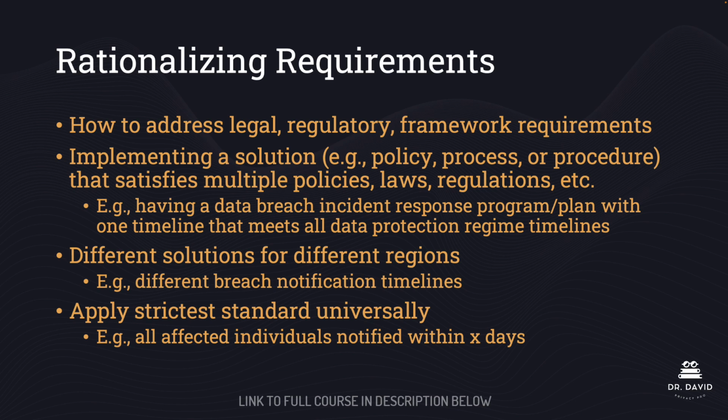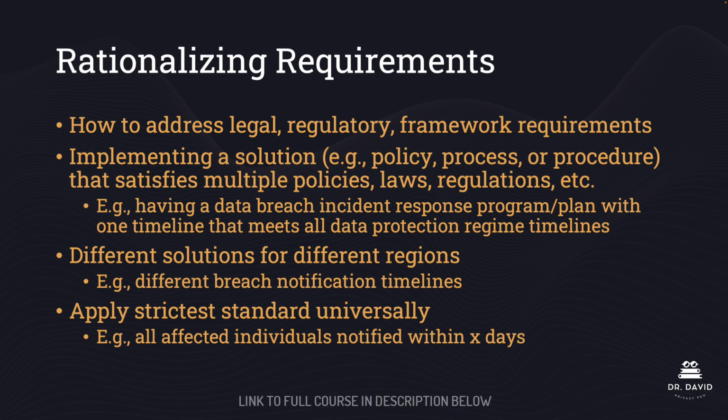And so, for example, if we think about data breach incident response programs or plans, we would have one timeline that meets all data protection regime timelines. And often the best way to do that is to apply the strictest standard universally.